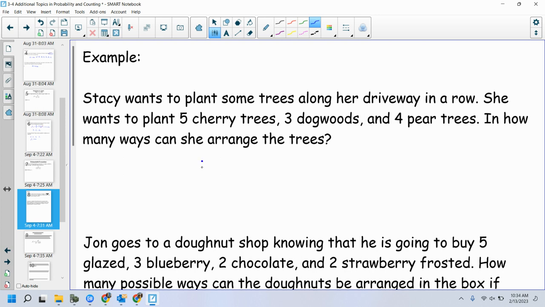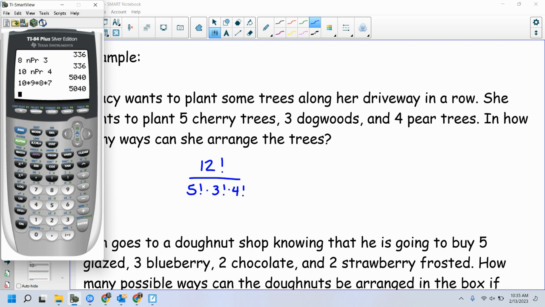We take 12 factorial in the numerator, our total amount, divided by the number of sets of things that I have: 5 factorial times 3 factorial times 4 factorial.